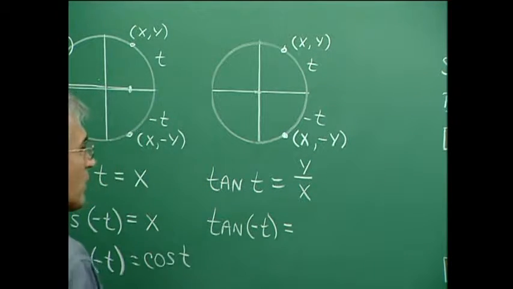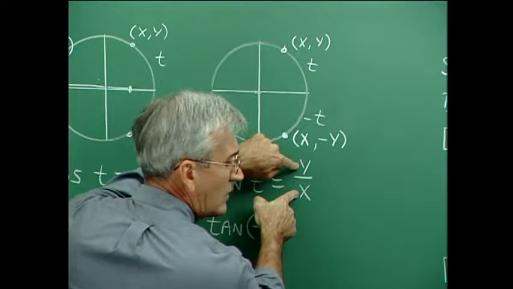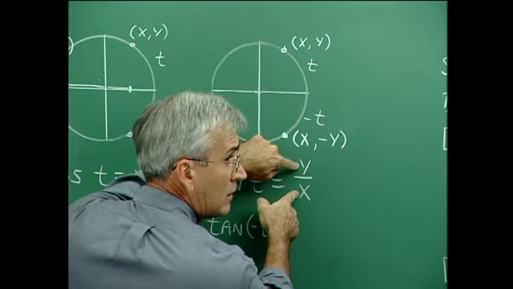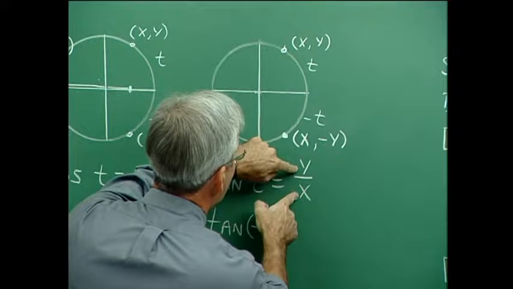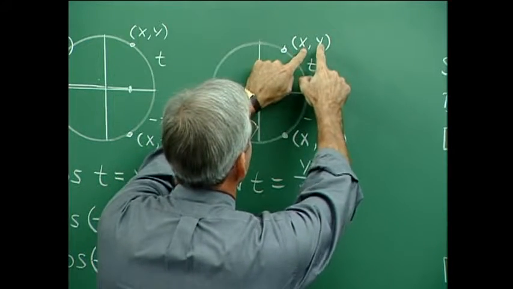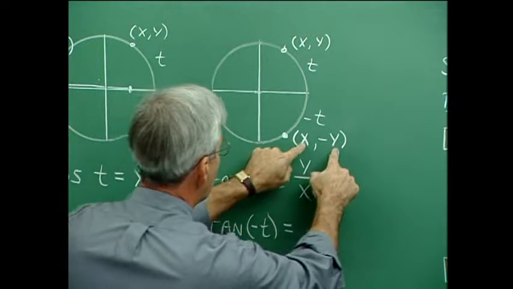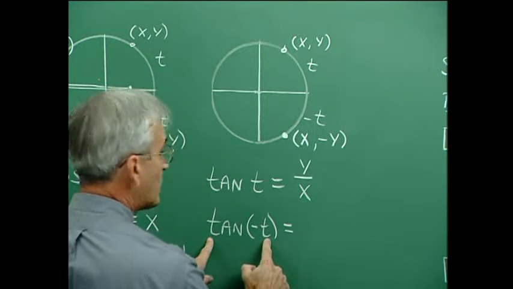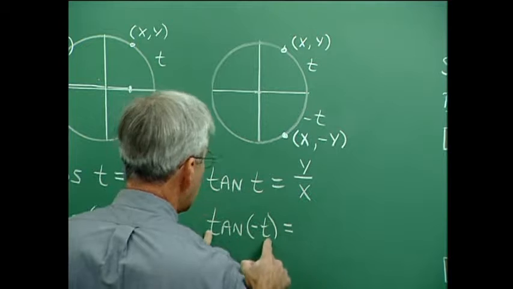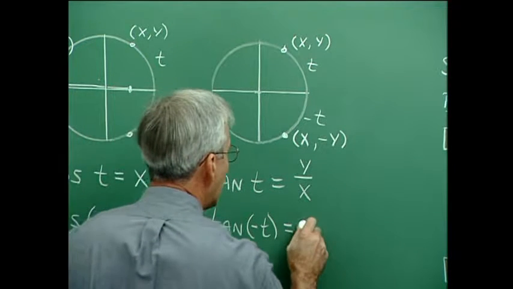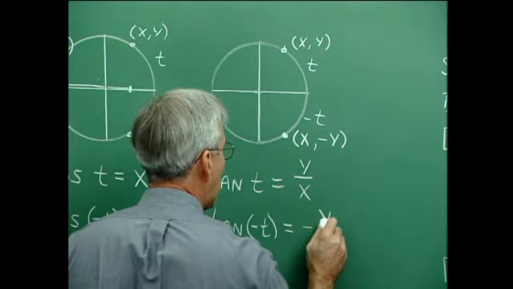So for the tangent of t and the tangent of negative t, it's the negative of y over x.